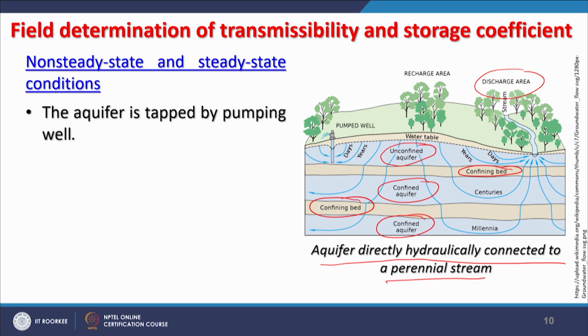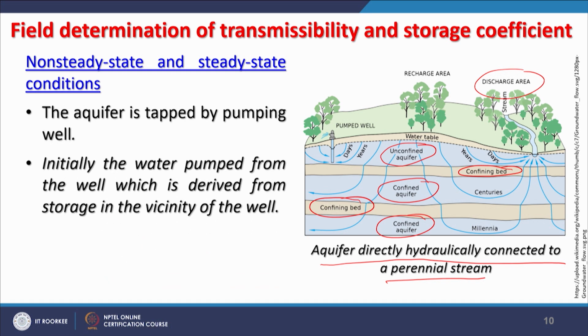In an aquifer tapped by a pumping well, the water initially pumped from the well is derived from storage in the vicinity of the well. Whatever water is pumped, in the initial days it will come to the well from nearby places.